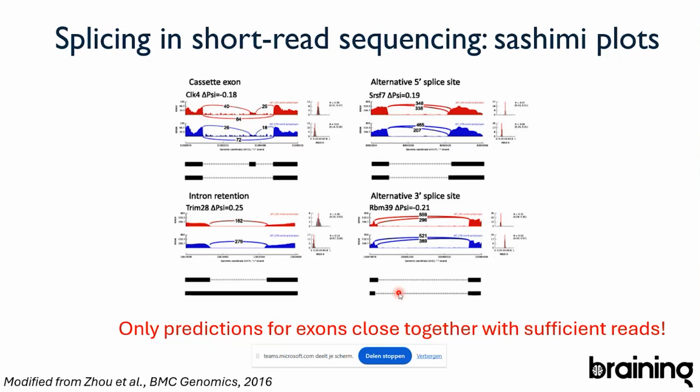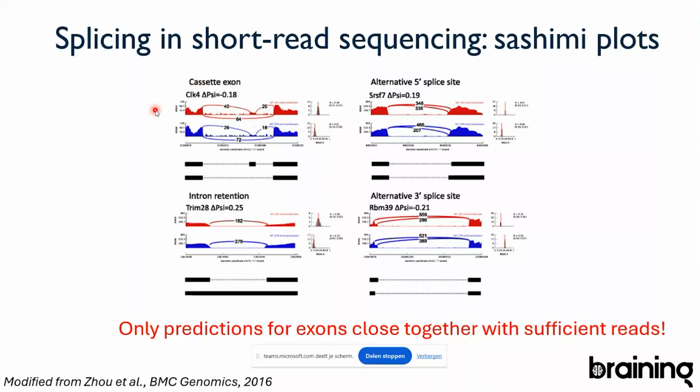And splicing is something that you can look at with short read sequencing, right? It's typically done with sashimi plots, as they are called, and you can appreciate why they're called sashimi plots by the way they look when you represent them. So, for example, here, let's only focus on this cassette exon part. If I want to understand whether an exon is alternatively spliced, I can do that with short read sequencing.